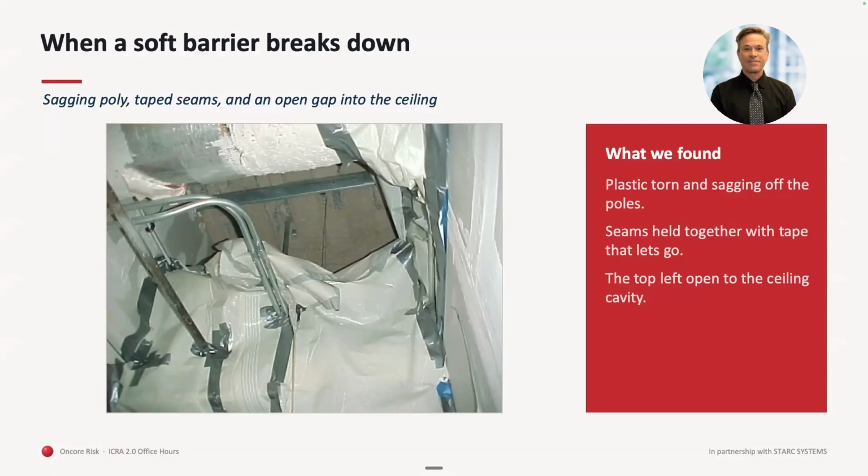That's why we go to other type of barrier systems now that provide a little bit easier things to do. This has always been a challenge. They get torn, they sag, they break. My main concern with this type of arrangement is that the fire could escape the construction area. So we have really no protection. And also we're reducing our negative air in that space because we have this big hole up in the ceiling.